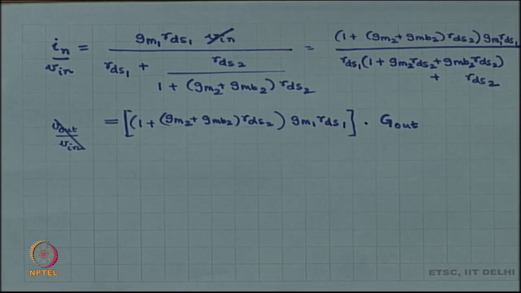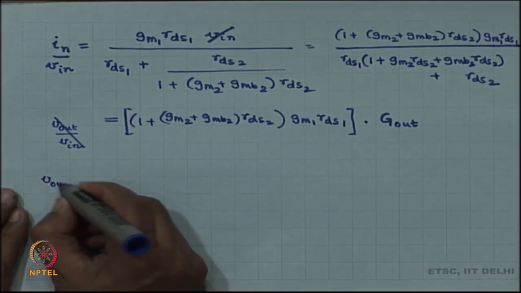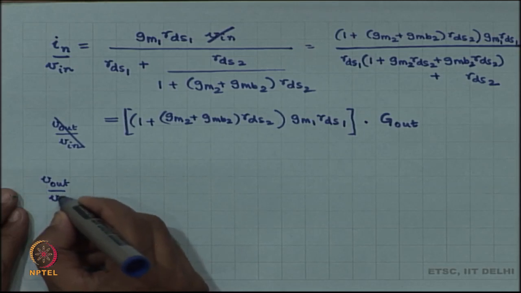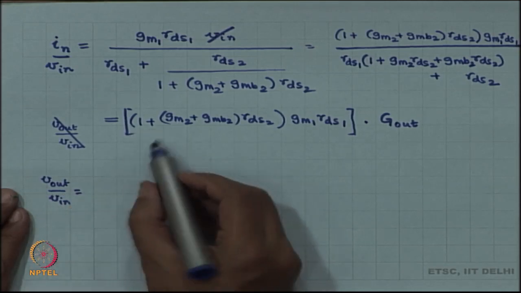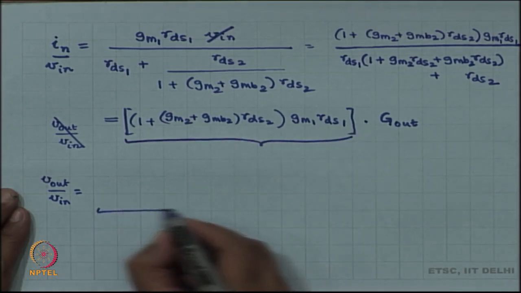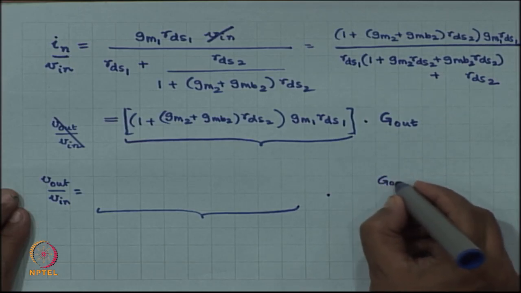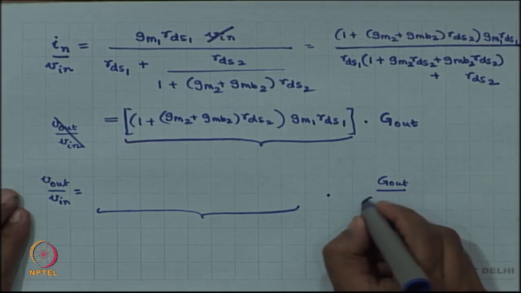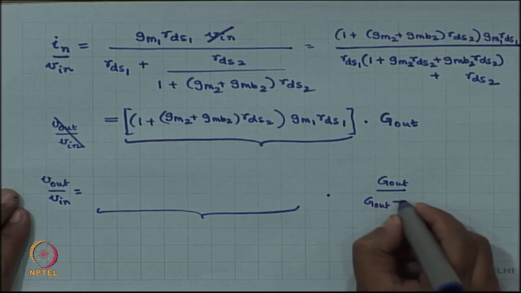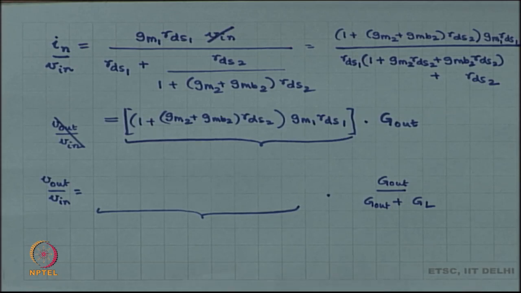So, the total output impedance is 1 by G out plus G L. So, this quantity times G out, output conductance plus load conductance. Okay, so, this is how it is going to look like, more or less.